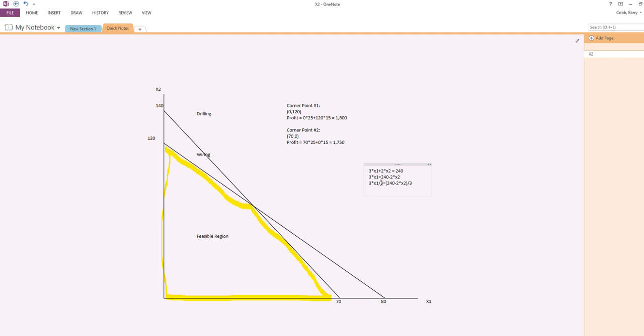Because there are two terms on the right side, we divide each of them separately by 3. So we have 80 minus 2/3 times x2. Now we write down the equation for the second constraint. We substitute in the expression for x1 above.